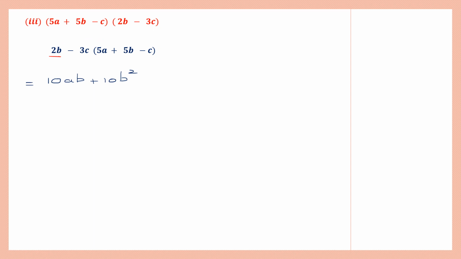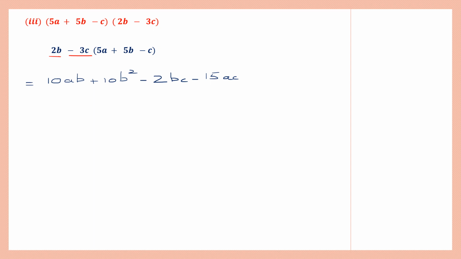Let's multiply 2b into minus c. The sign is minus. The number is 2. B into c is bc. So that is also over. Now let's take the next term, that is minus 3c into the first term here. The sign is minus, and then the numbers, 3 5s are 15. C into a, ca or ac in alphabetical order.